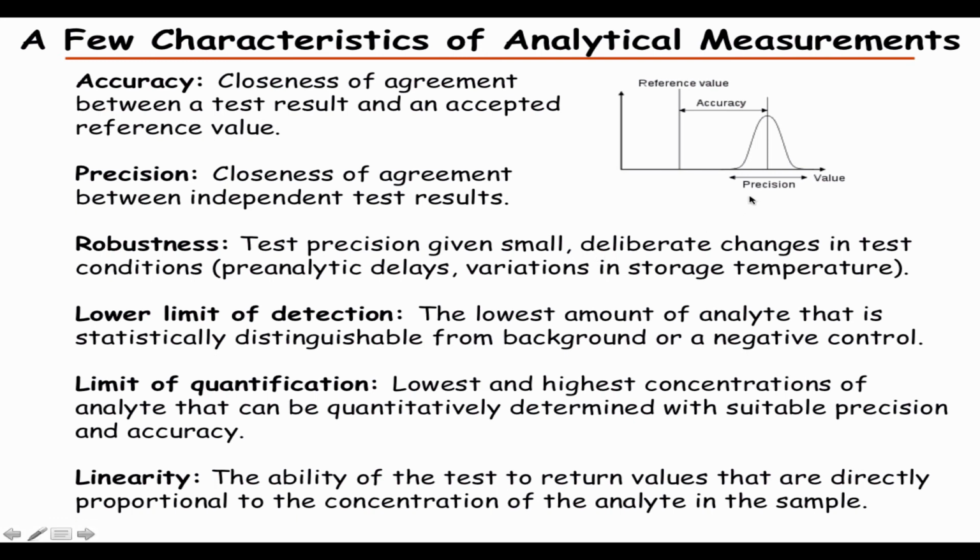So this little figure shows, if we have a reference value, or what's actually in the sample, accuracy is the distance of your mean measurement from this reference value, and the precision is the width of the distribution of what you measure.